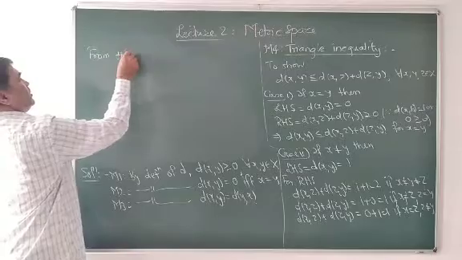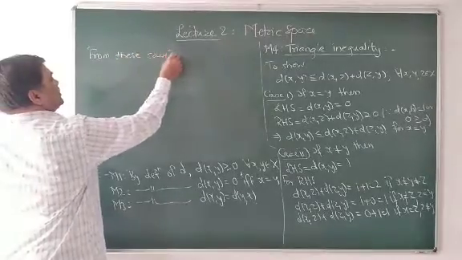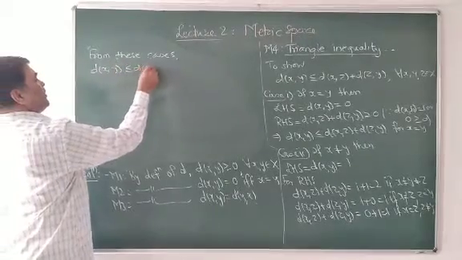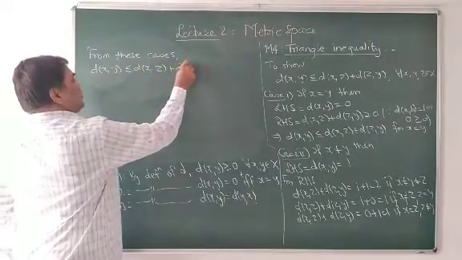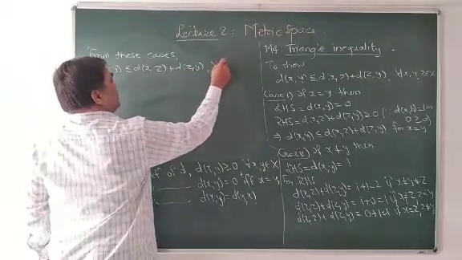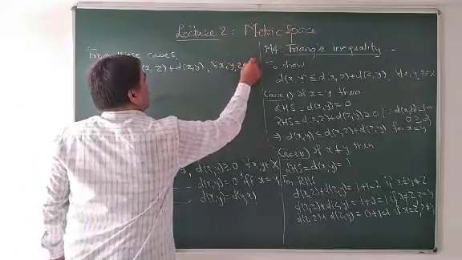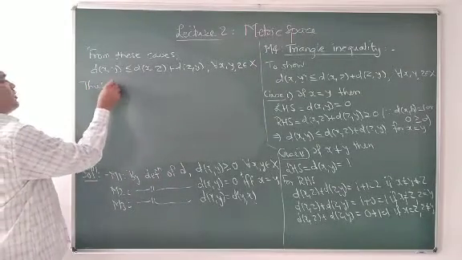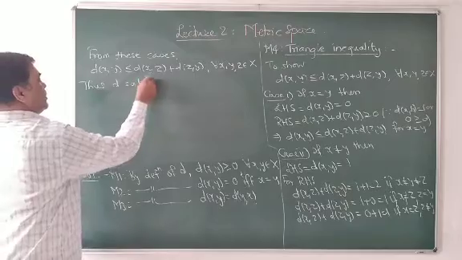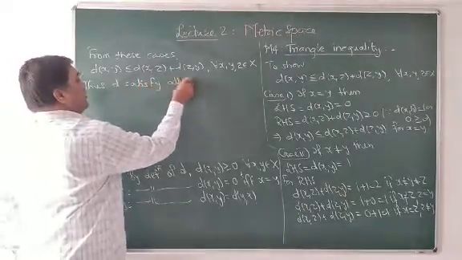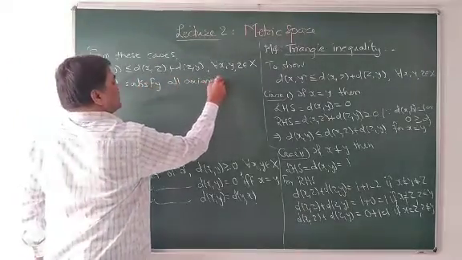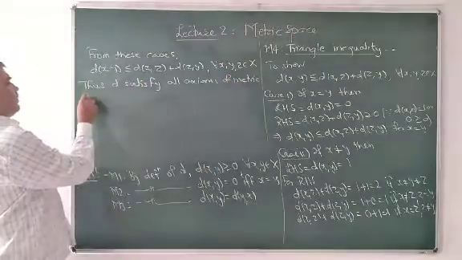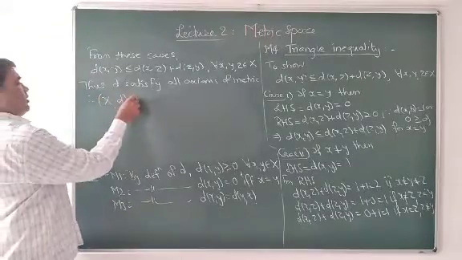From these cases, d of (x, y) must be less or equal to d of (x, z) plus d of (z, y) for every x, y, z belongs to X. Thus, this satisfies all axioms of metric, and therefore it is a metric space.